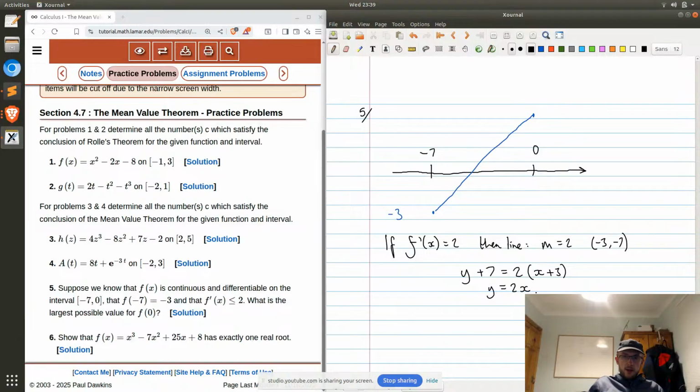Plus 6, take 7, minus 1. There you go. And stick in 0.